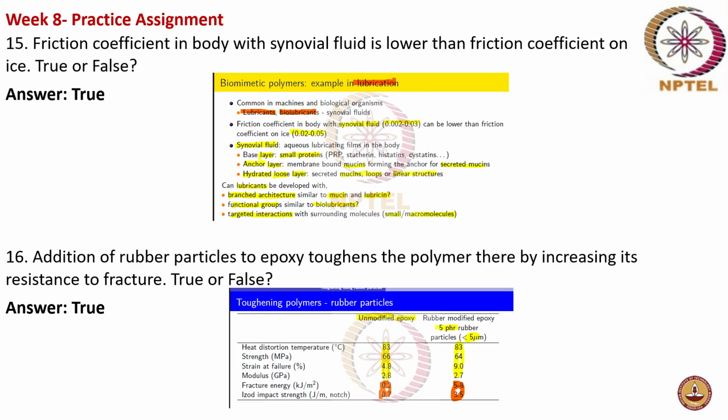That means they toughen the polymers and resist the fracture. They take up the load of impact and fracture, and they tend to have some conformational changes. These particles take up those loads, toughen the polymers, and help in increasing the fracture energy and impact strength of these materials.